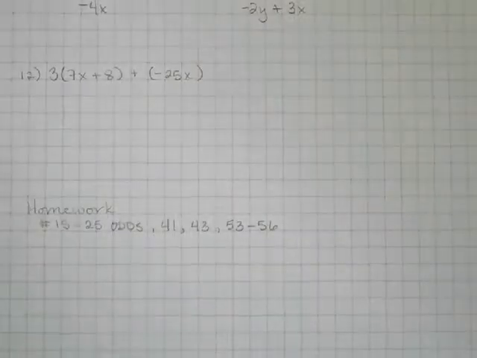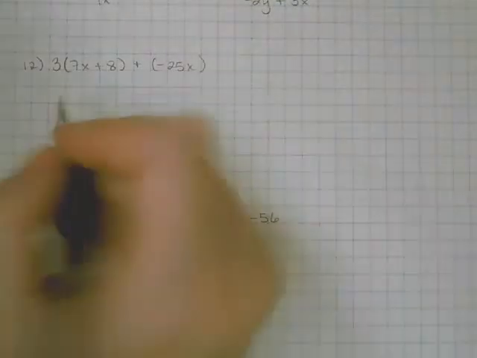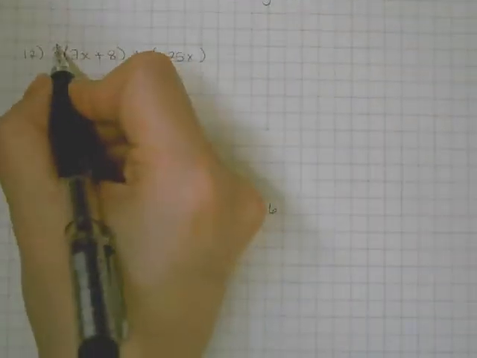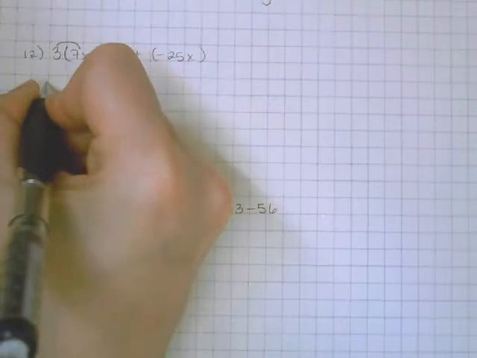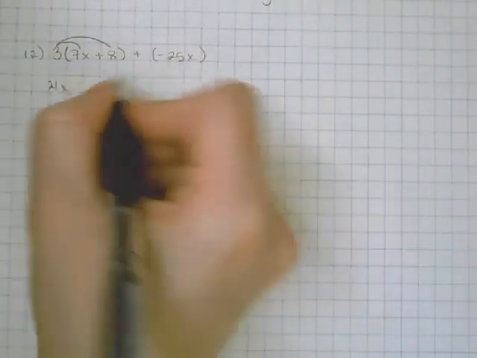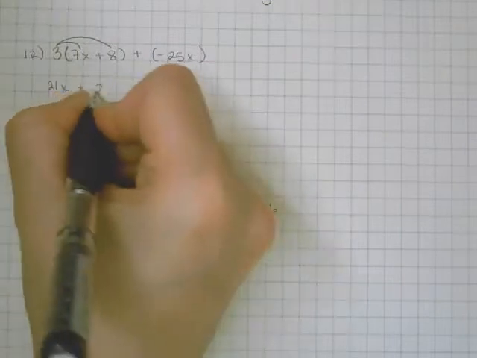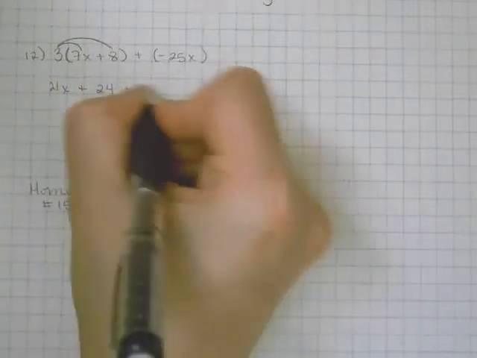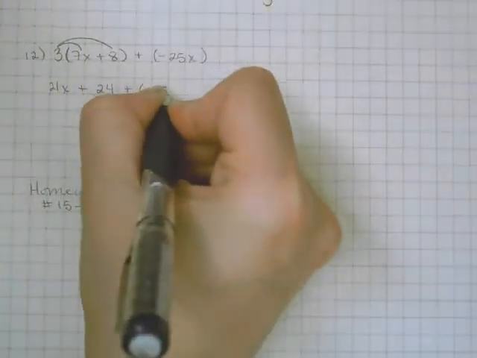On number 12, I need to distribute before I can combine my like terms. So 3 times 7x is 21x. 3 times 8 is 24, so plus 24. And then plus negative 25x.